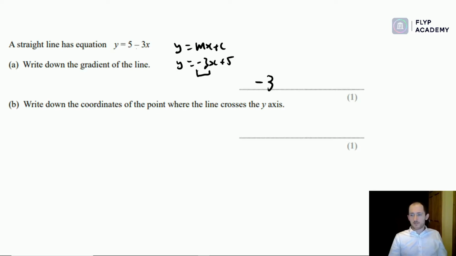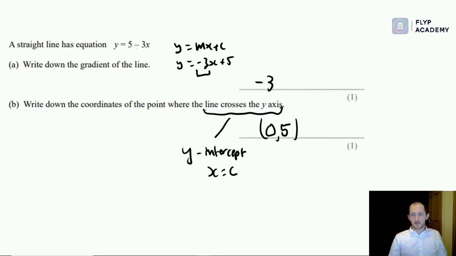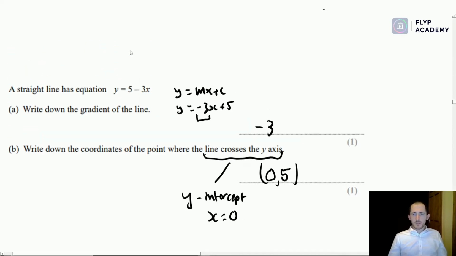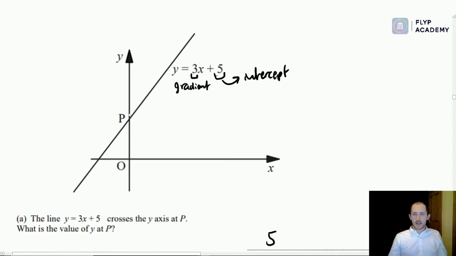Well, again, we have the 5, but the x-coordinate is always 0 for a y-intercept. So where it crosses the y-axis, the y-intercept, x is always equal to 0. Okay? If you have a look at where the y-axis is, it's along the line x equals 0.